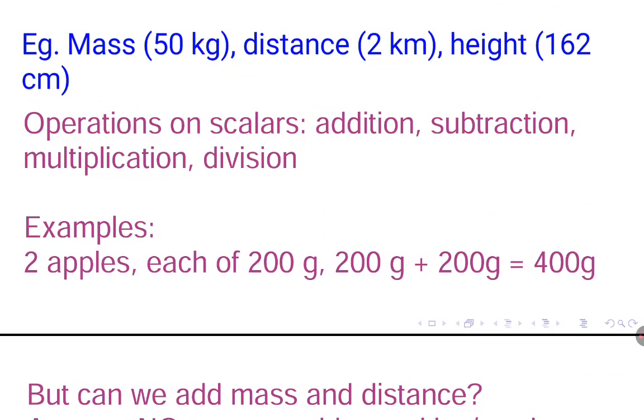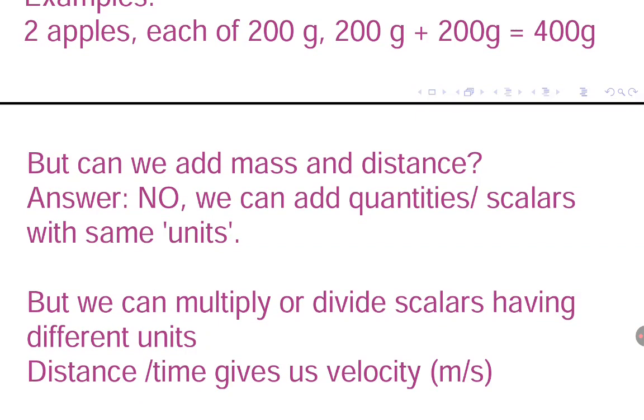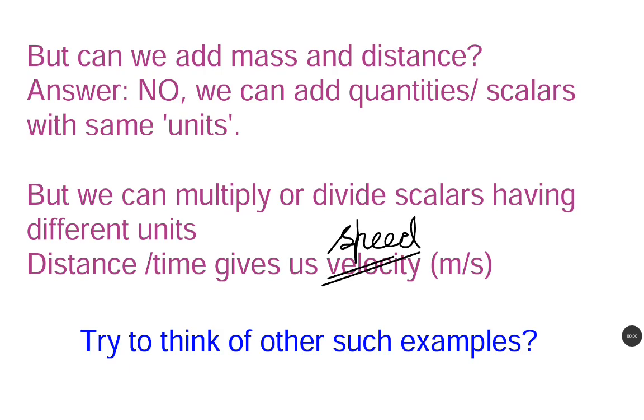For example, we can divide distance, which has a unit of, let us say, meters, by time, which has a unit of seconds, and this gives us a new value. Sorry, I have written velocity here, it should be speed. So can we add scalars having two different units? No, we cannot, but we can multiply or divide scalars having different units.